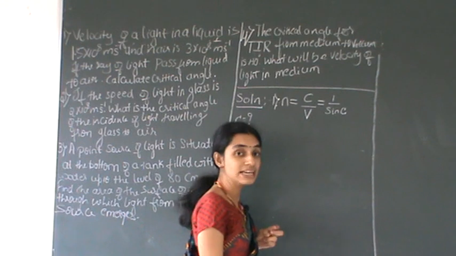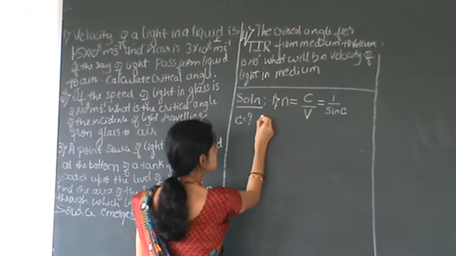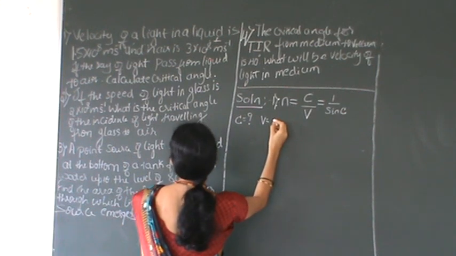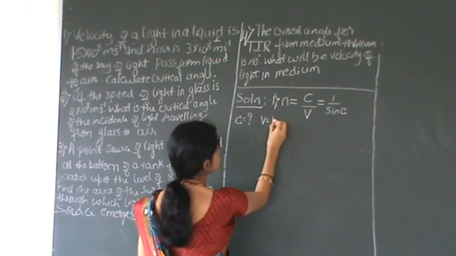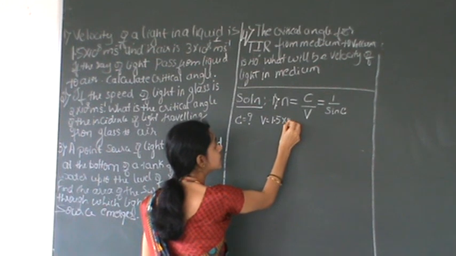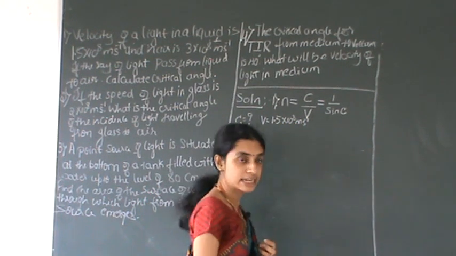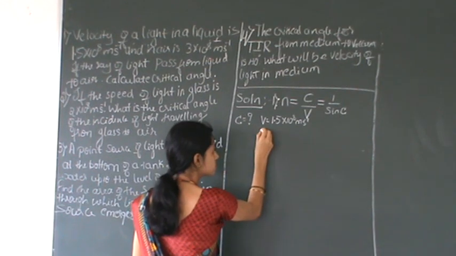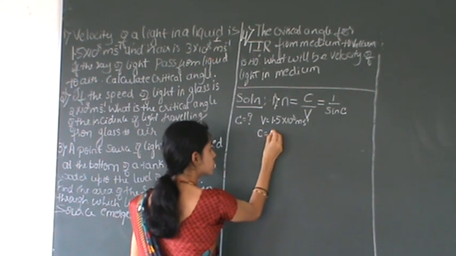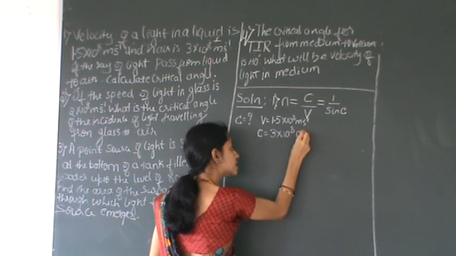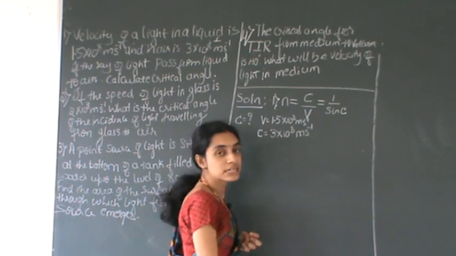The given thing is the velocity of light in a liquid, which is 1.5 × 10^8 meter per second. Next one, speed of light, you know the standard value, 3 × 10^8 meter per second.